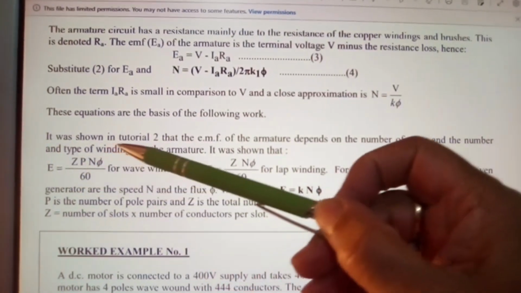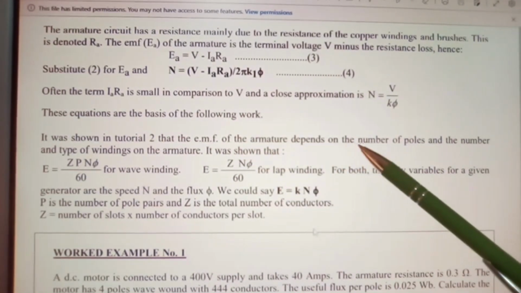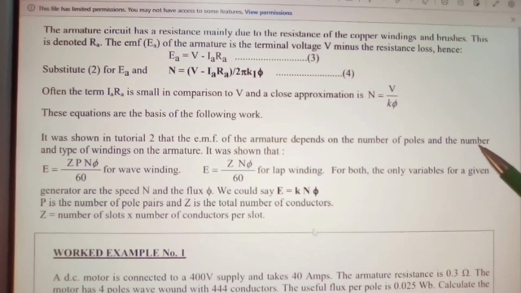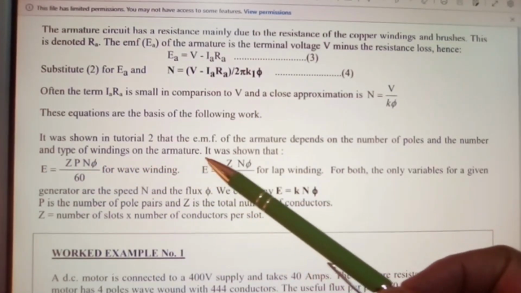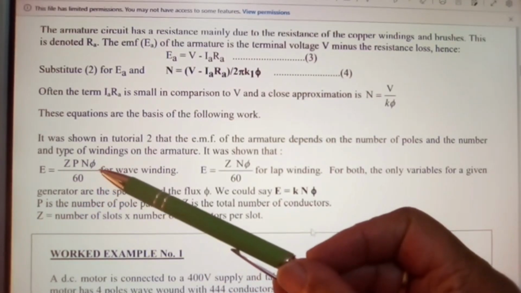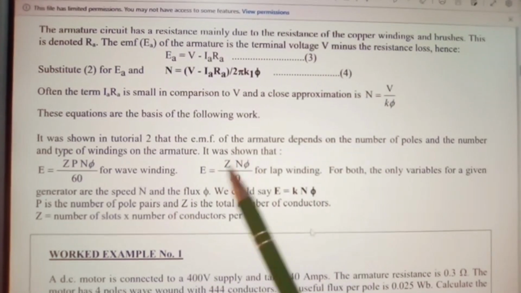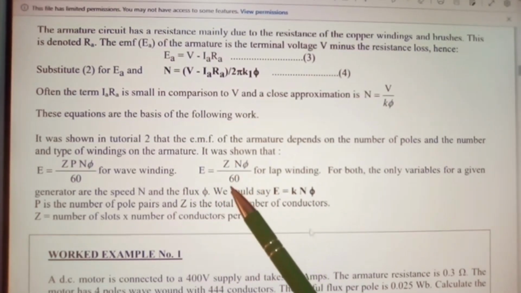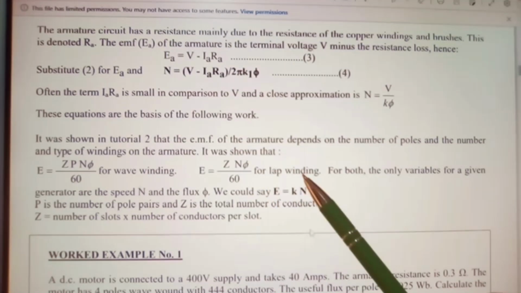It was shown in tutorial 2 that the EMF of the armature depends on the number of poles and the number and type of windings on the armature. It was shown that E equals ZPnθ over 60 for wave winding, E equals Znθ over 60 for lap winding.